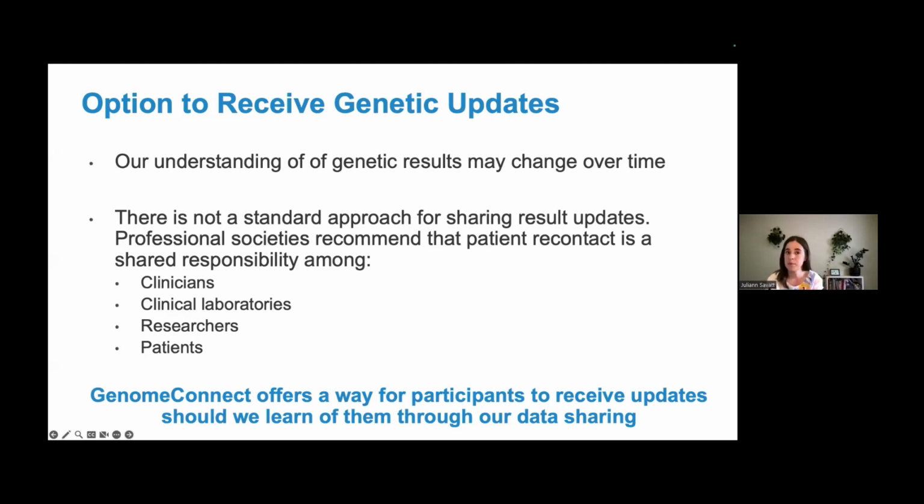There isn't a standard approach for sharing result updates back with patients. So it's not as though every lab looks at every variant they've detected every 6 months, or every clinician calls their patient annually to tell them that there are any updates. The practices are really variable. And so we see GenomeConnect as just another way for participants to potentially receive updates about their results if we learn about anything through our data sharing.